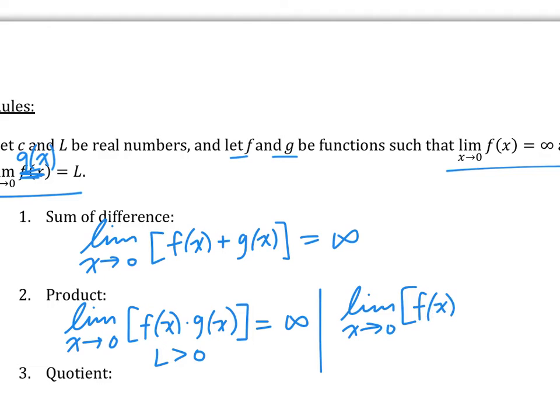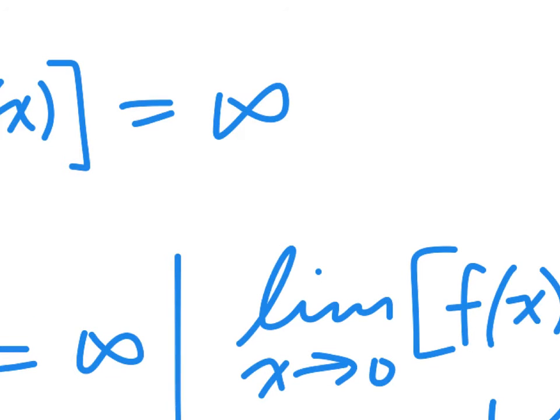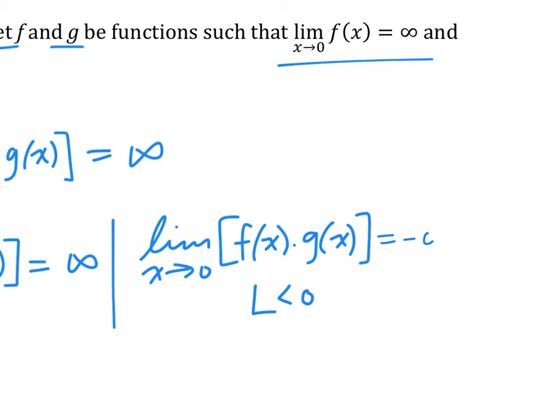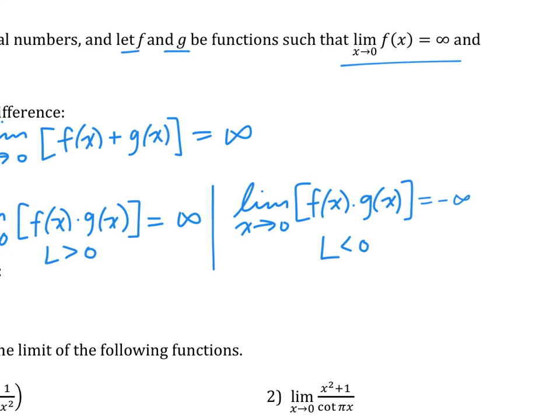Basically you're multiplying the two limits together, and one of them is infinity, the other one is L. This time L is less than 0. Negative infinity. A negative number times infinity changes that direction. Oops, sorry, so that is negative infinity. Why did you do both? Because L is just a number, but when L is positive, it keeps everything positive. When L is negative, it will change the limit to the other side, or pointing below.